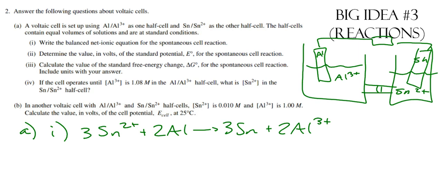What it's saying is aluminum is becoming an aluminum 3+, and the ion of tin is becoming the solid of tin. So this is going into solution, and this is plating onto the electrode.